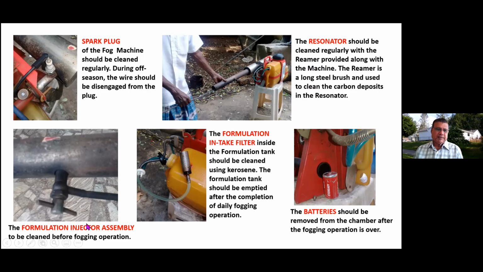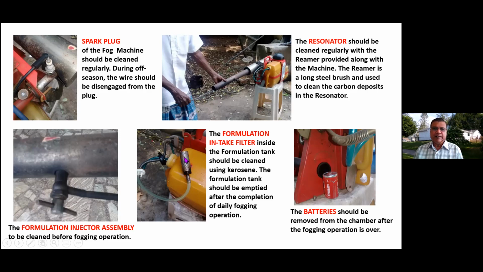Then the formulation injection assembly is to be cleaned before the fogging operation. This is an area. Every time, just before starting fogging, remove this and clean it. The screw or the nut is designed in such a way that you can just remove it with your hand.